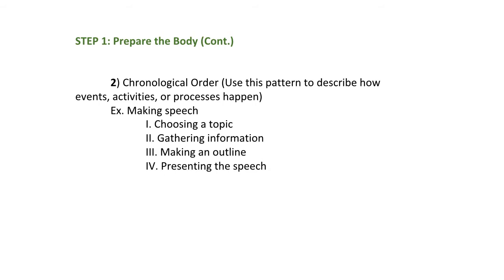For example, in speaking about making a speech, you might organize your information under these headings. The first main point is choosing a topic. The second main point would be gathering information. The third main point is making an outline. And the last main point would be presenting the speech. See, make it in chronological order.